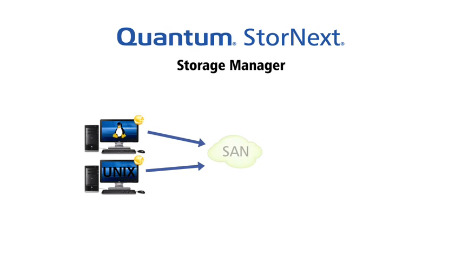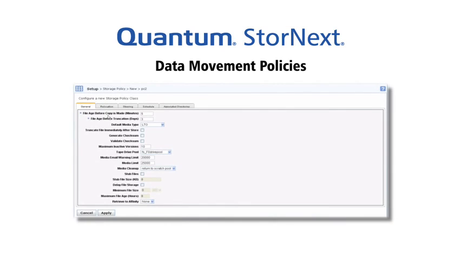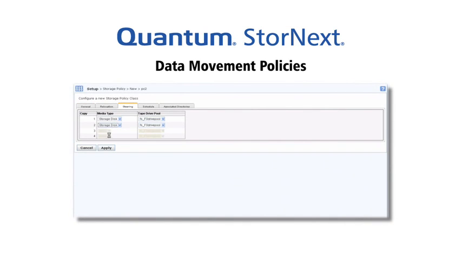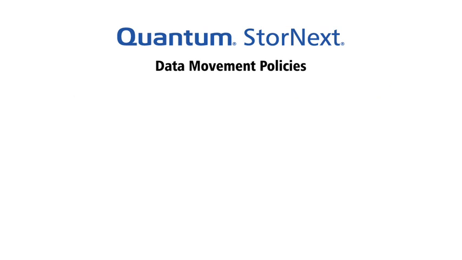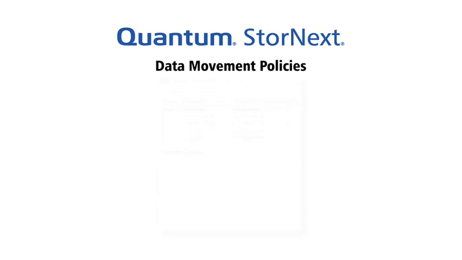StorNext Storage Manager runs on the same Linux or Solaris metadata controllers as the StorNext file system. Data movement policies are easily defined, enabling the relocation and multi-copy protection of data from primary disk to the target locations.